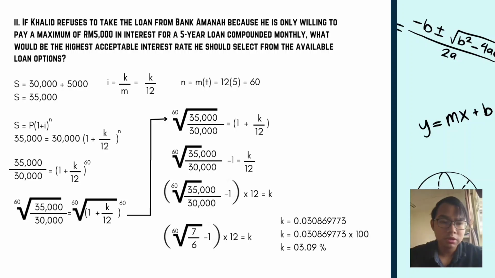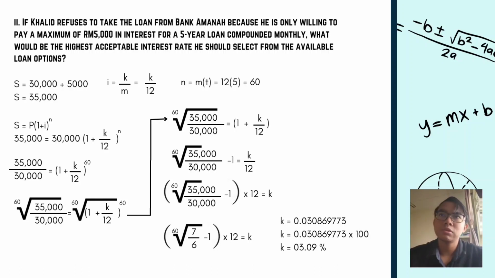After that, you must use the 60th root. It will become the 60th root of 35,000 divided by 30,000 equals the 60th root of bracket 1 plus K divided by 12 to the power of 60.